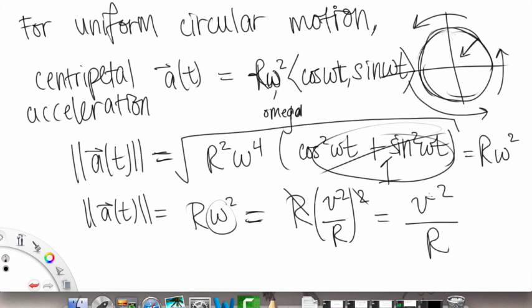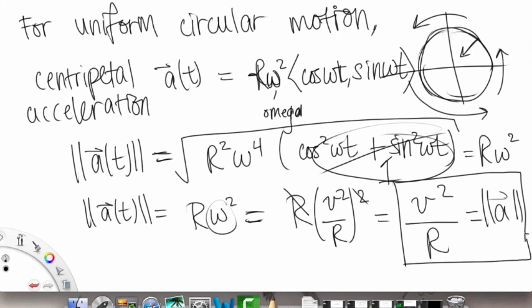This is the magnitude of our acceleration, the final conclusion, and it holds true for uniform circular motion.